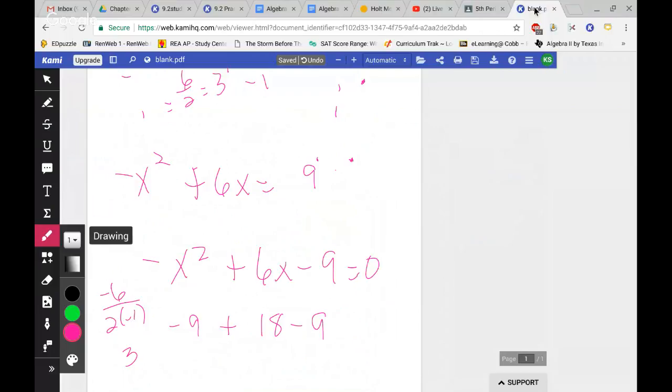That equals 0. So 3 is the solution? Well, no. Yes, 3 is the solution. Okay. Got it. Because that's going to be where it crosses the vertex is where it crosses the x-axis.